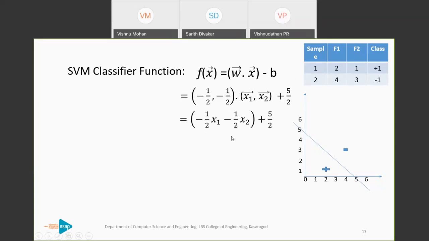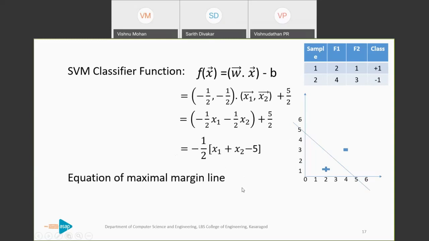So it will be minus 1 by 2 into (x1 plus x2 minus 5). You can rewrite that as the equation of the margin line. When I set that equal to 0, you get the equation x1 plus x2 is equal to 5.